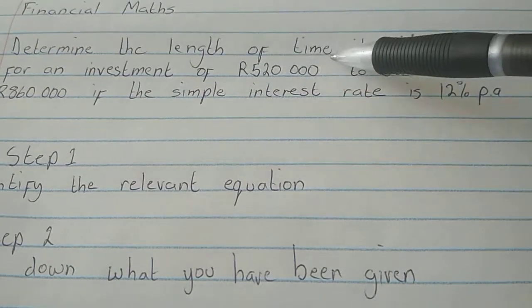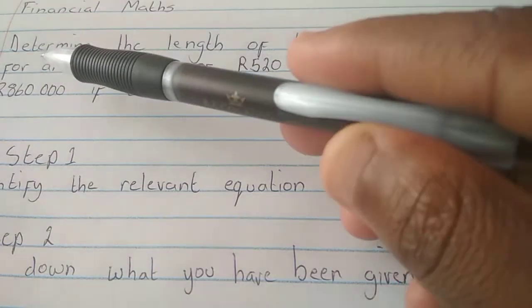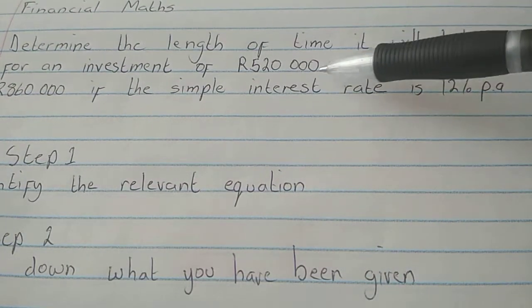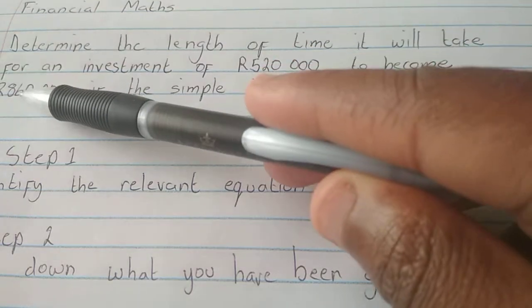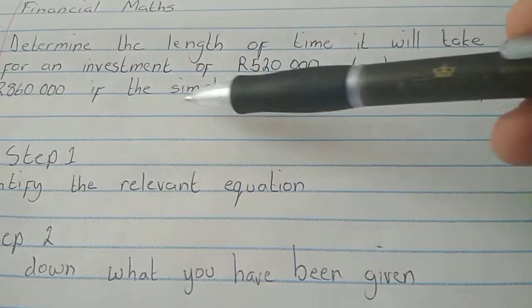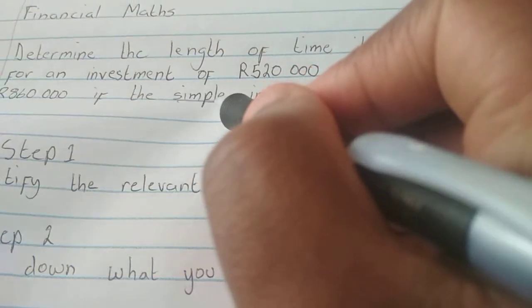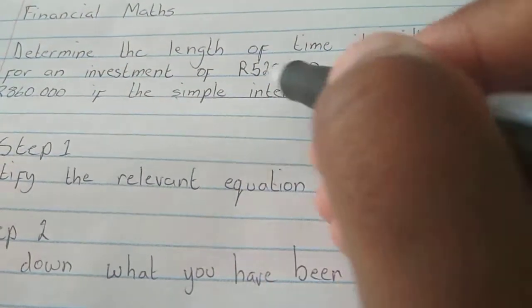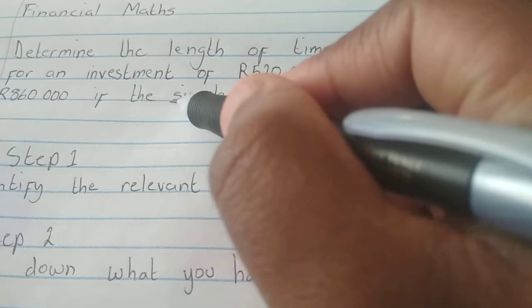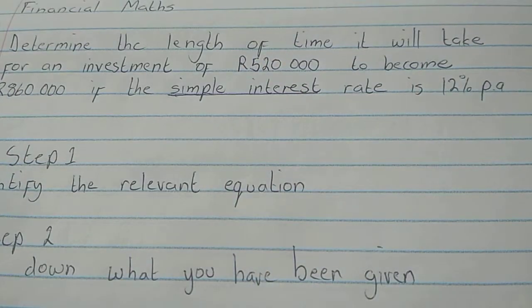Determine the length of time it will take for an investment of 520,000 to become 860,000 if the simple interest rate is 12% per annum. Okay, so now this gives us a clue into what equation we should use. Simple interest. We're going to be using a simple interest equation.